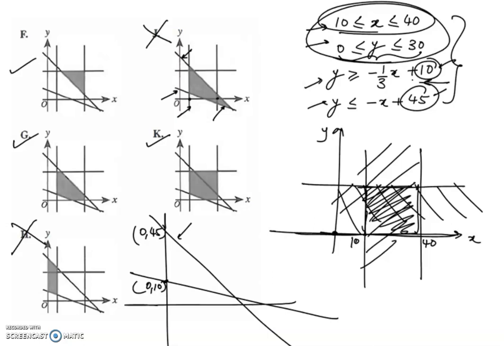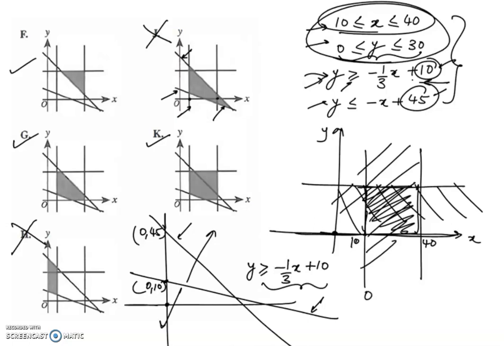So that's what we're going to use to detect. And the next part is, how does this determine which side of the region is shaded? So I'll start with the third one here. y is greater than or equal to -1/3 x plus 10. So any straight line divides the plane into two halves. So there's this half plane and that half plane, and we need to find which half plane satisfies this inequality. And the easiest test is to always use the origin.